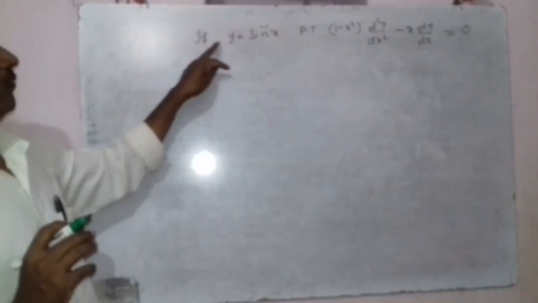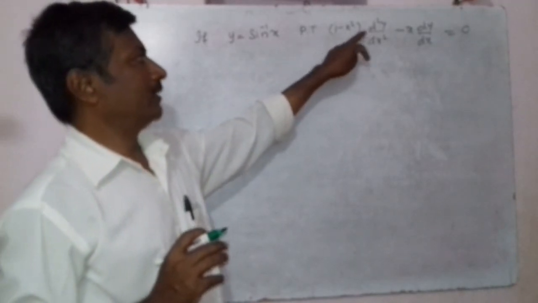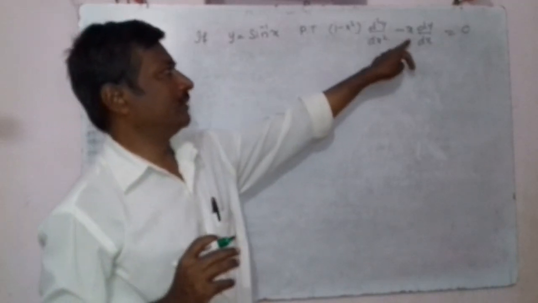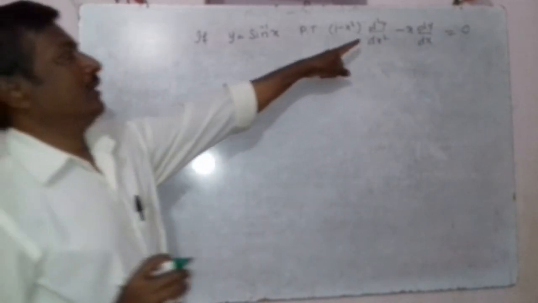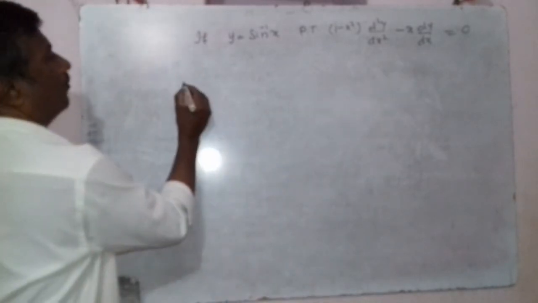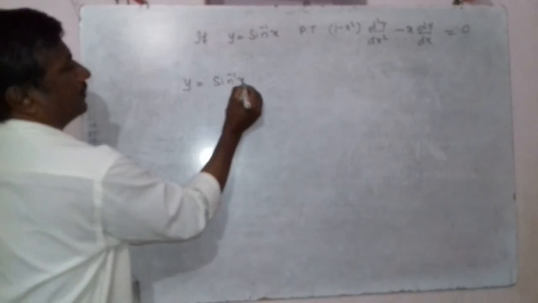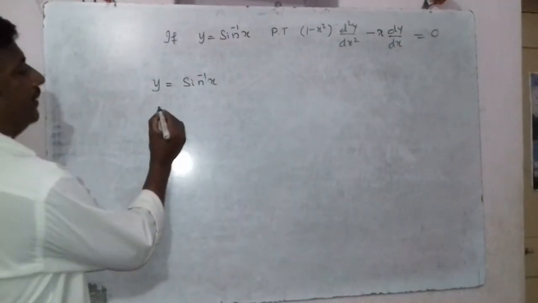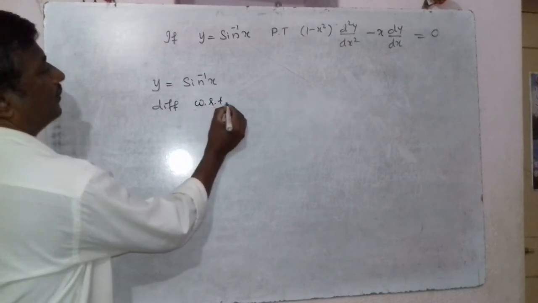If y equals sin inverse x, prove that (1 minus x square) d square y by dx square minus x dy by dx equals 0. So this is the second derivative, and this is the first derivative. So y equals sin inverse x. Differentiate with respect to x.